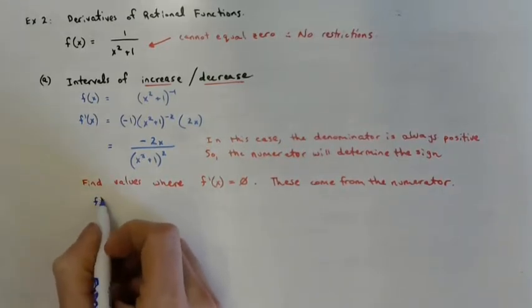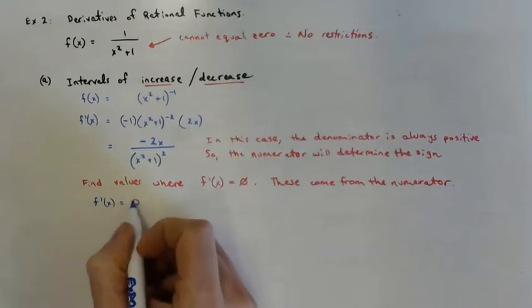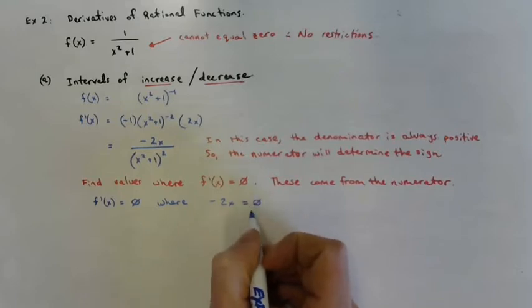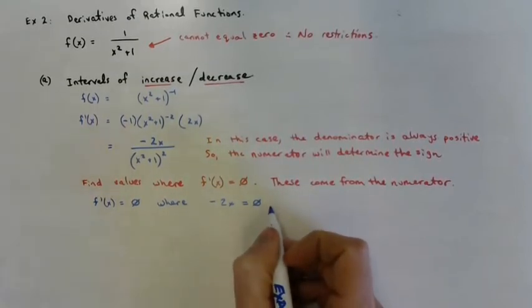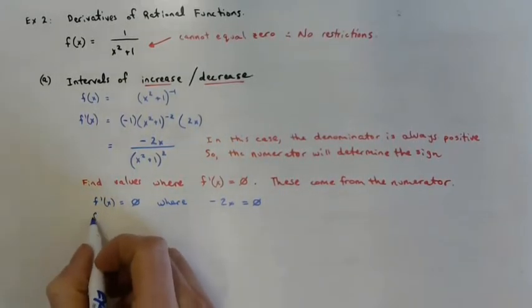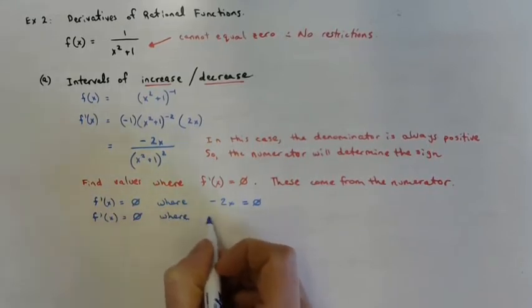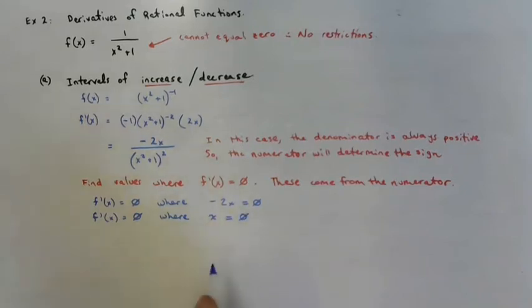That means f prime of x equals 0 where negative 2x equals 0. So f prime of x equals 0 where x equals 0. So basically we're saying which values of x are going to cause this statement to be true, and x equals 0 makes that statement true. Or you could do it algebraically, you could divide both sides by negative 2, and you'd get x equals 0.